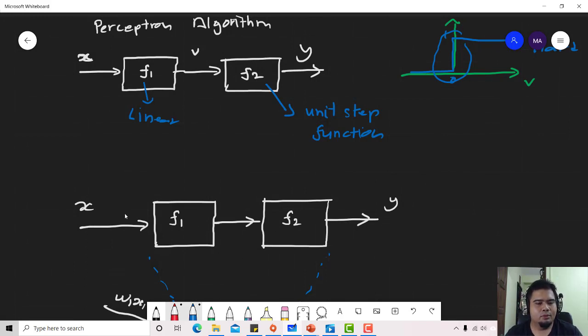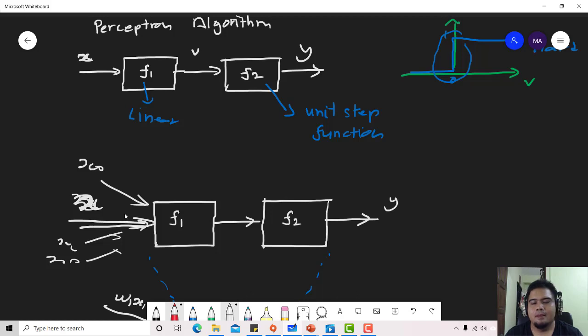Just realize that this one is bold, and bold means I can also draw it this way, with x0, x1, x2 until xd. To simplify, I use one line drawn in bold, which represents the vector.